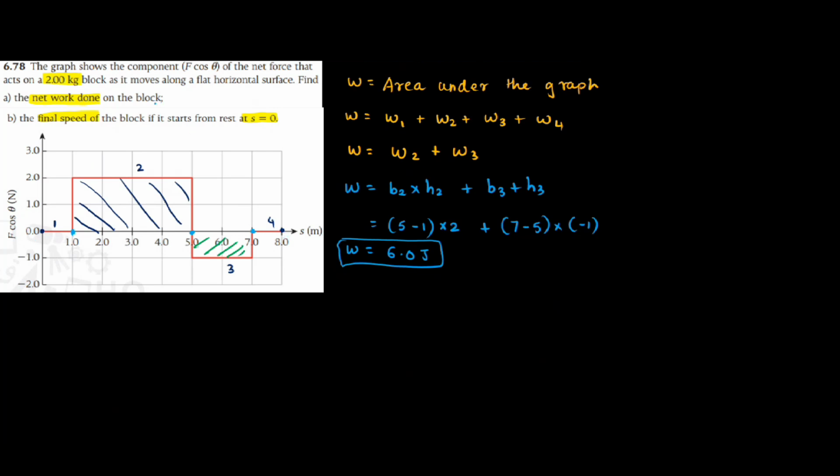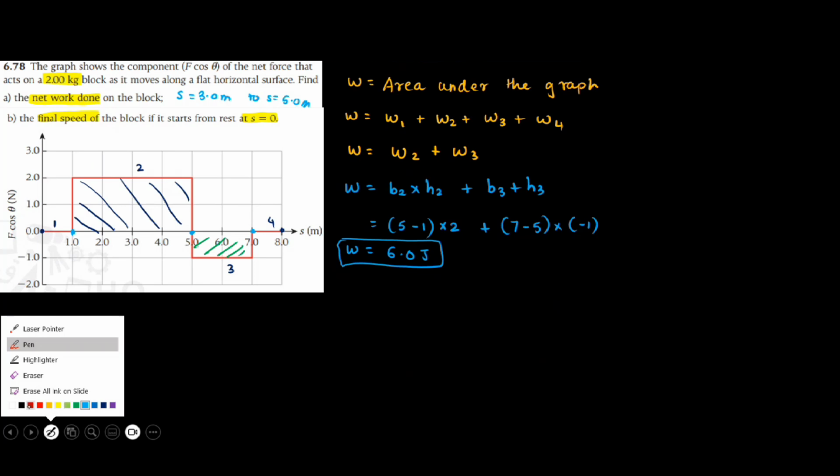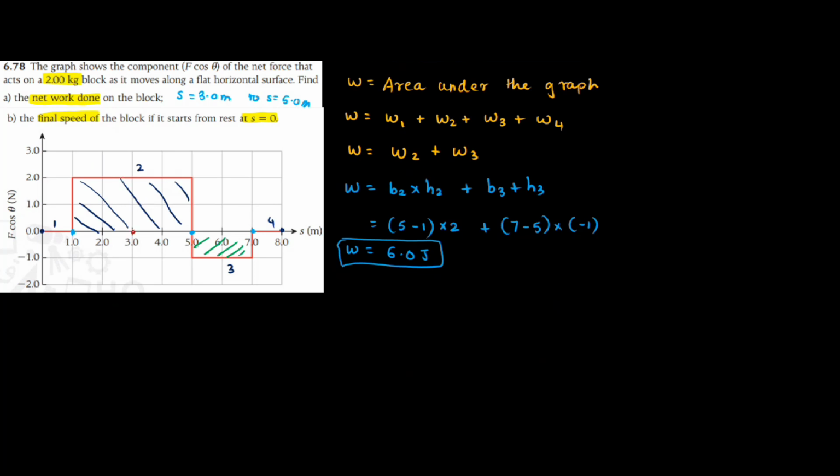But if they had said find the work done between points s equals 3 meter to s equals 5 meter, then I will only find the area under the graph between these two points, 3 and 5. I will only look at this region in the graph and not go beyond that. That will be my work done from s equals 3 meter to s equals 5 meter. So only take the area under the graph for the region that they specify.